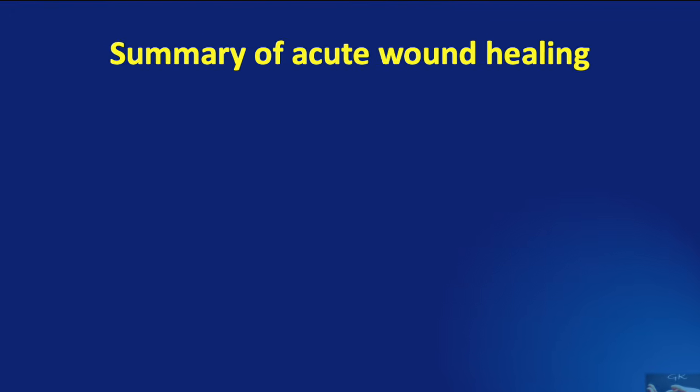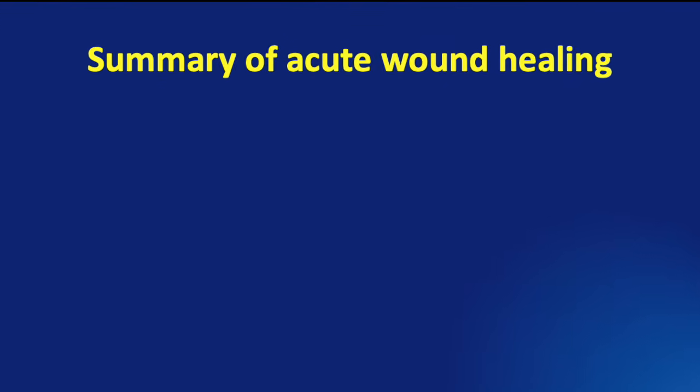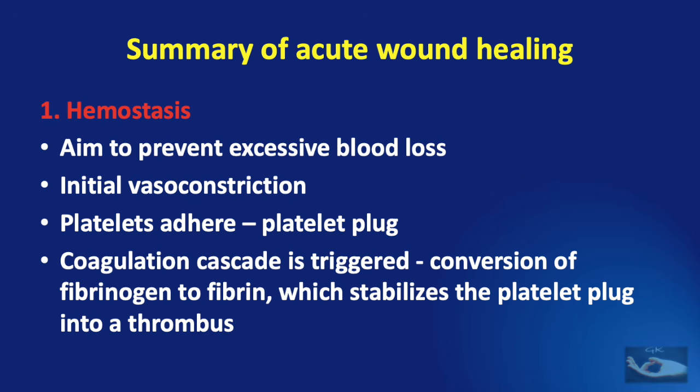Summarizing the entire process of acute wound healing, in the first stage of hemostasis, where the aim is to prevent excessive blood loss, initial vasoconstriction occurs, the platelets then adhere and form a platelet plug, the coagulation cascade is triggered, and conversion of fibrinogen to fibrin occurs, which stabilizes the platelet plug into a thrombus.